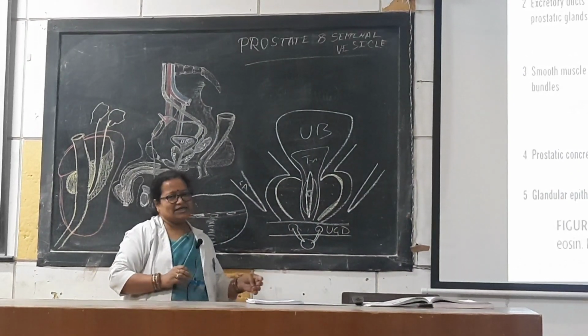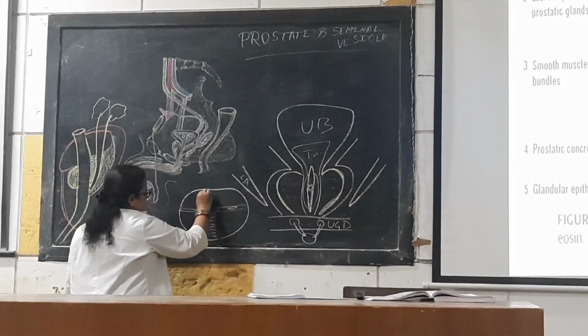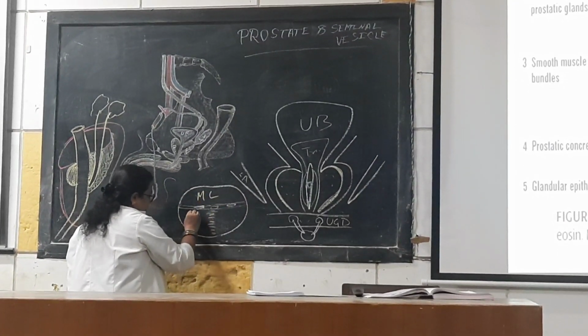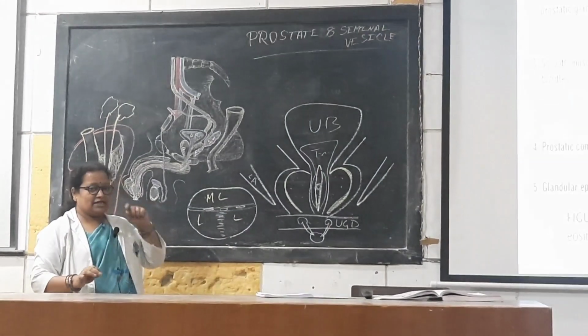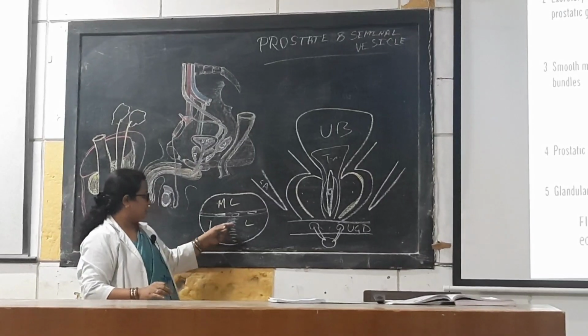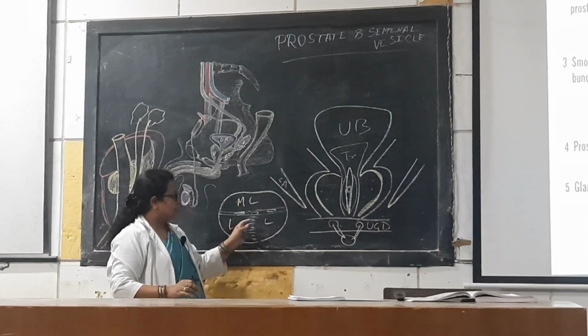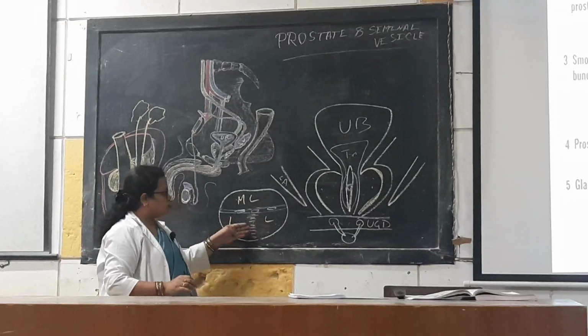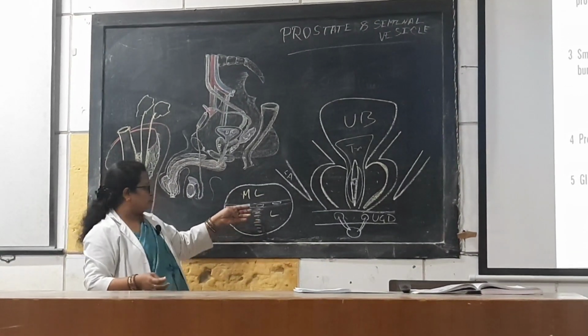Anatomically it has a median lobe and two lateral lobes. But surgically they say it has 5 lobes: anteriorly there is another lobe, and posteriorly there is another. So surgically the prostate has 5 lobes.